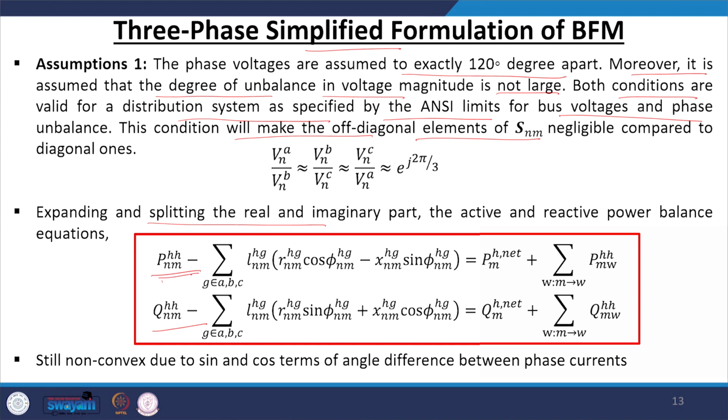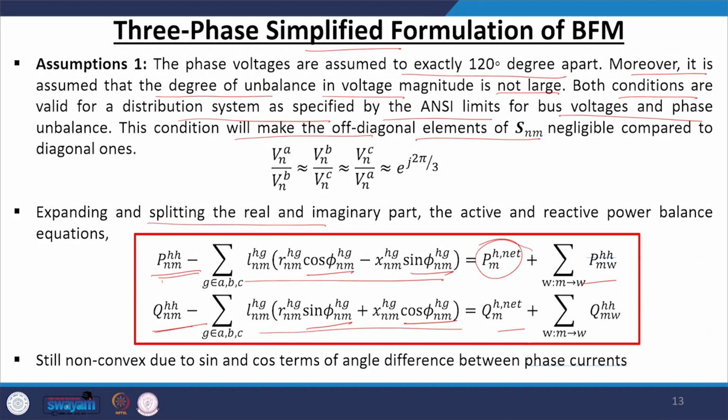This is your incoming power, this is the loss in the network, then this is the incoming reactive power, this is the reactive power loss component, then you have the net active power, and how much active power is going out from the bus to the neighboring buses, similar to the reactive power as well. But still in this equation, you have cos phi terms, the current angle difference, and cosine and sine of it. That is also a nonlinear term.